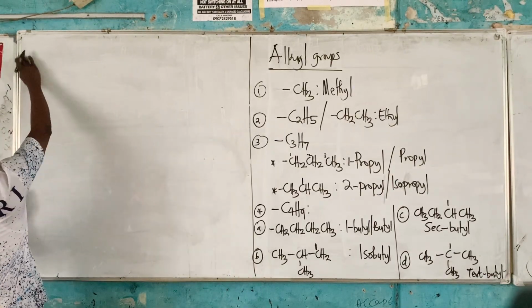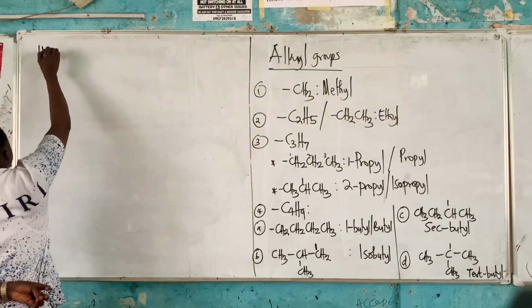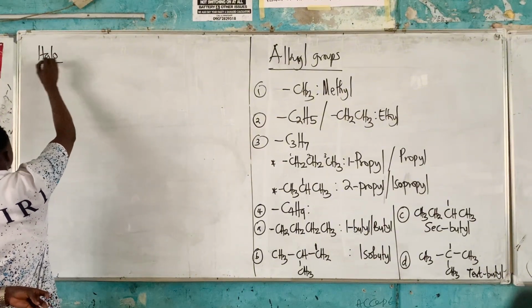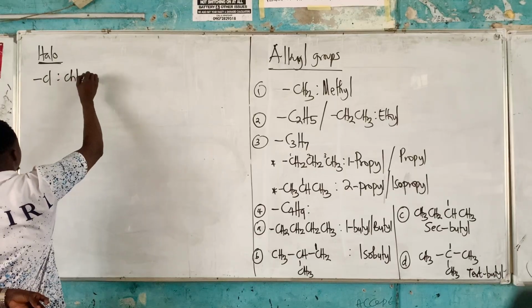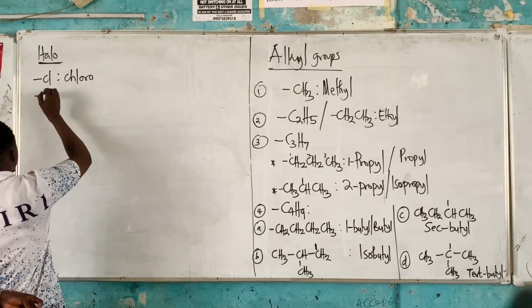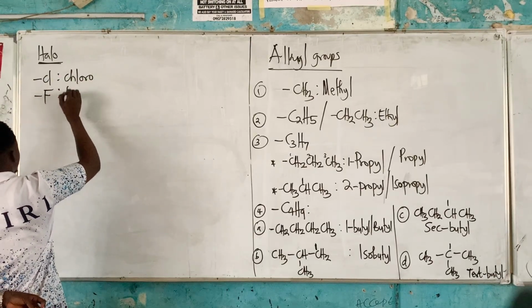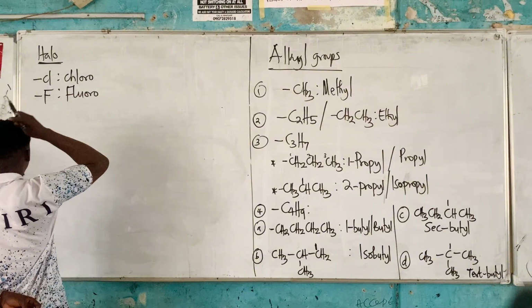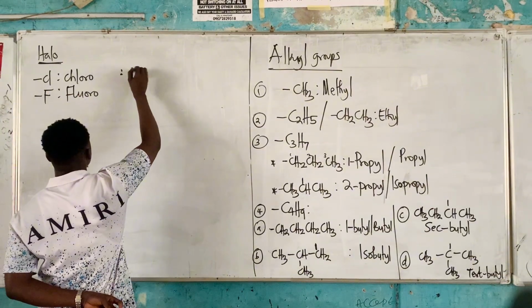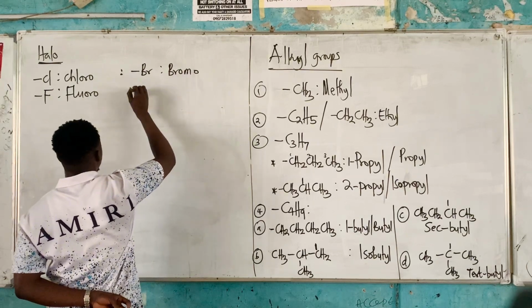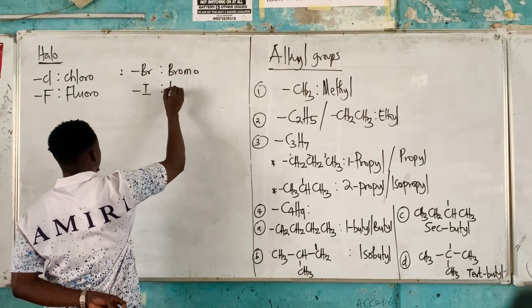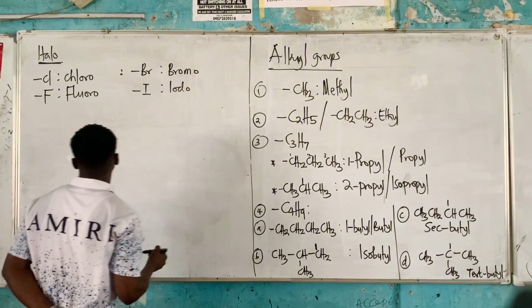So let's look at halogens. We have chloro, fluoro, bromo, iodo.